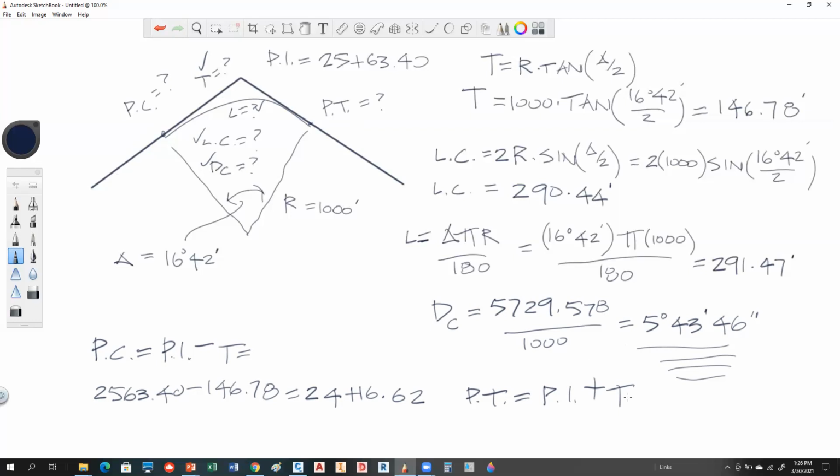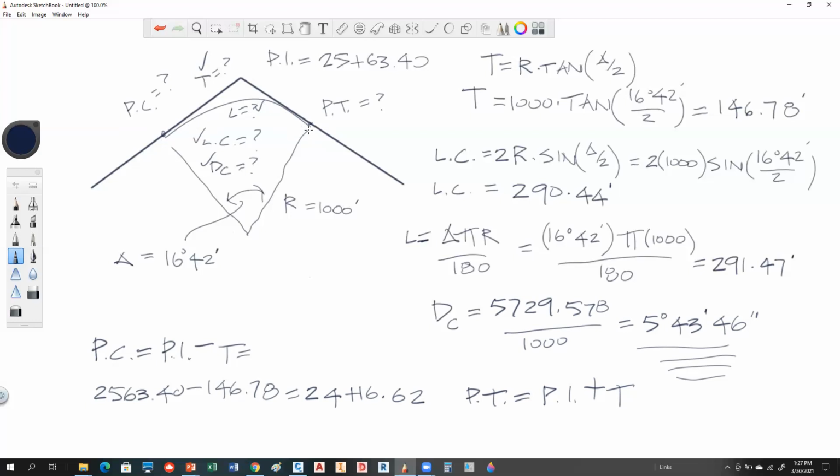Okay, here's my question. PT, is it equal to PI plus T? Never, because we are traveling from the tangent. Now we're traveling along the curve. So we're not going this way and this way with stationing, we're going this way with stationing.